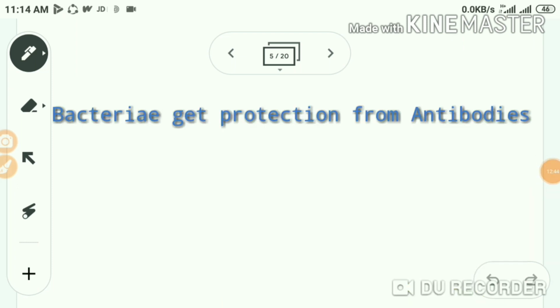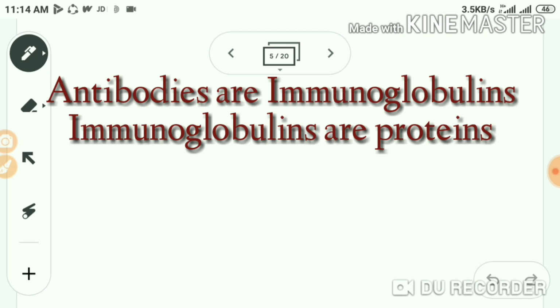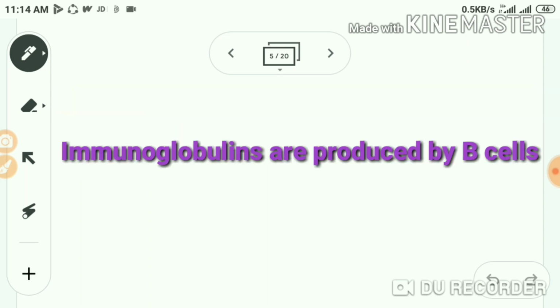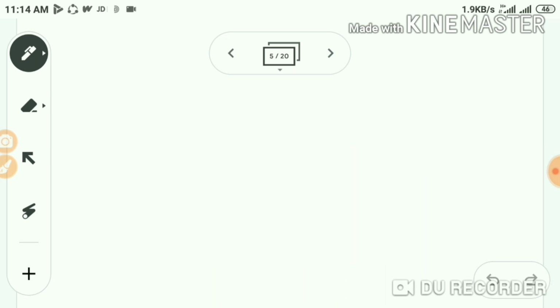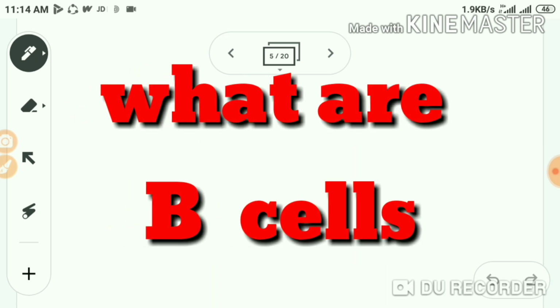The next important function of this capsule is that bacteria get protection from antibodies. Antibodies are immunoglobulins. Immunoglobulins are nothing but proteins. And these immunoglobulins or antibodies are produced from B cells. Of course, you may be thinking what a B cell is.